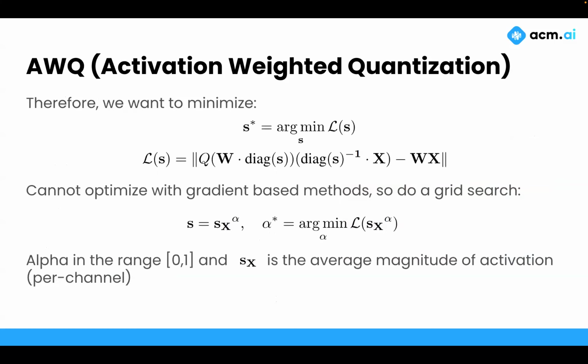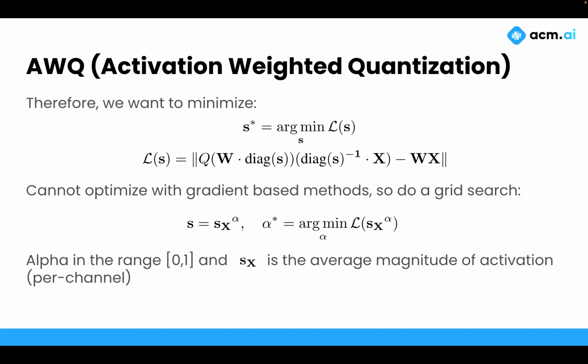How they optimize it is fairly simple. They do a grid search of all the possible scalings between 0 and 1, because rounding doesn't preserve gradients, so we can't use standard gradient descent. They just find the one that minimizes the error.